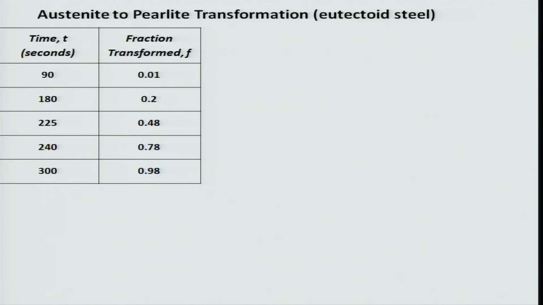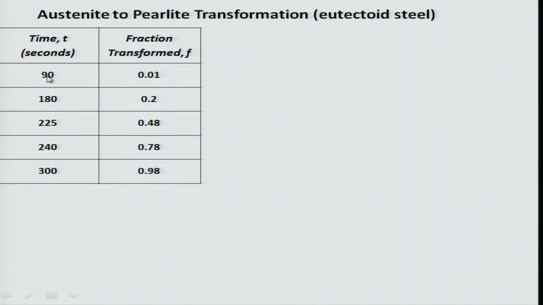Suppose this is an experiment in which data has been collected of austenite to pearlite transformation in a eutectoid steel. Though it is not mentioned, the temperature of the salt bath was kept at 660 degrees centigrade.